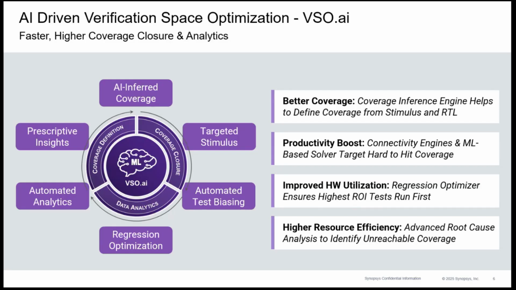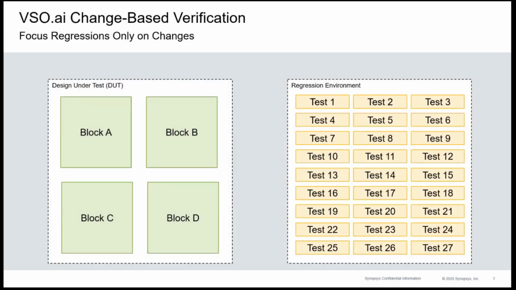This is one of the applications of VSO.ai where it can improve verification efficiency. This application is called change-based verification. Now, we know that regressions are normally run to validate any changes to the RTL through any RTL or testbench revisions.